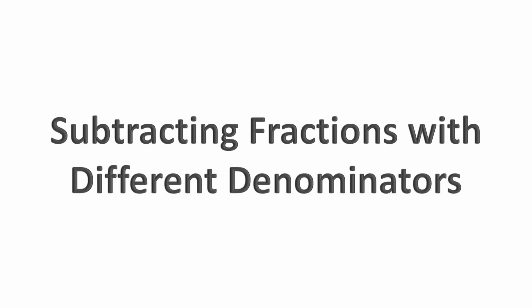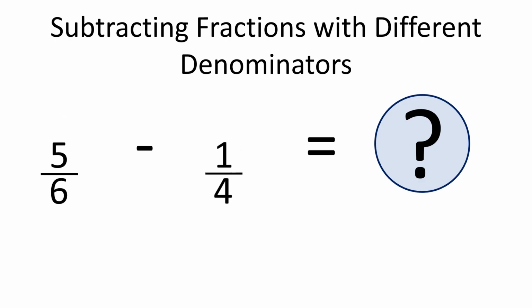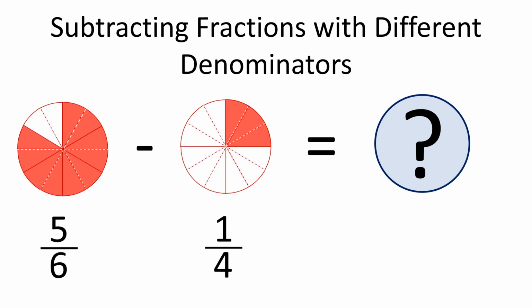Let's talk about subtracting fractions with different denominators. How should we subtract fractions that have different denominators? To subtract fractions with different denominators, we have to find a way to make the denominator the same in each fraction before subtracting. This is where equivalent fractions come in handy.